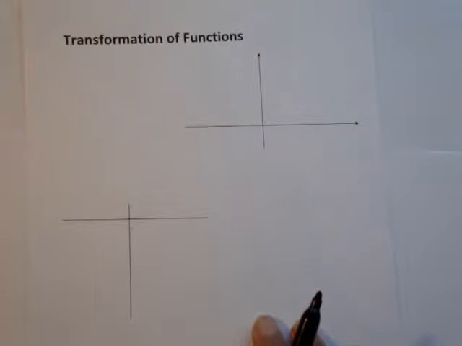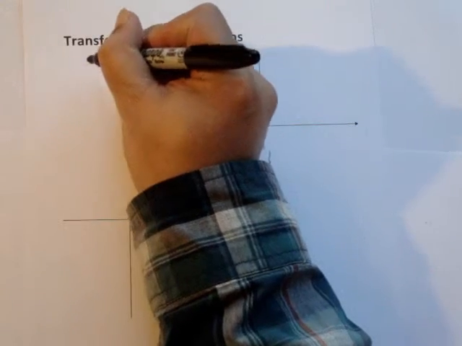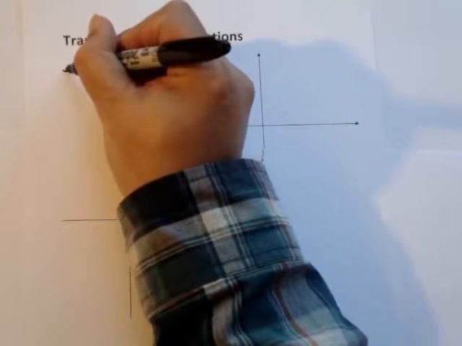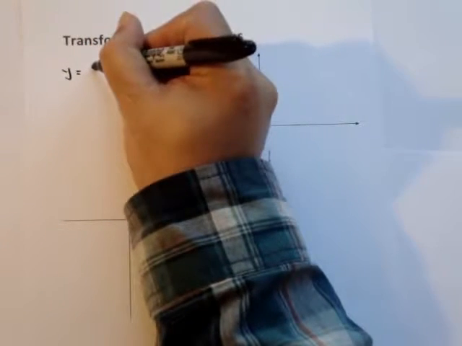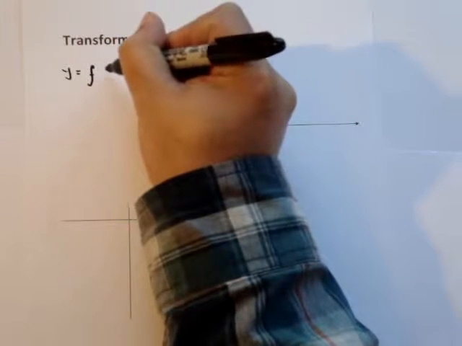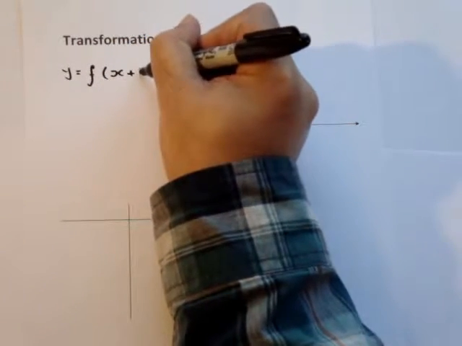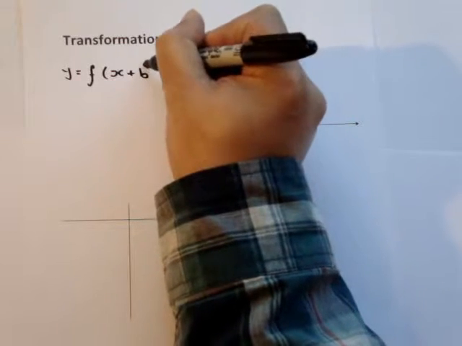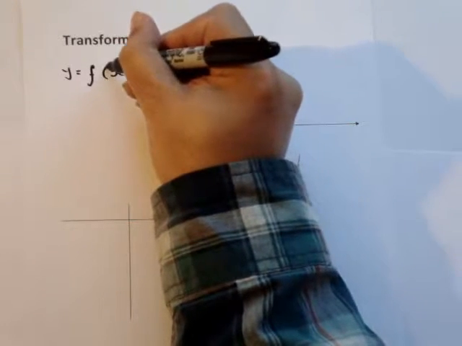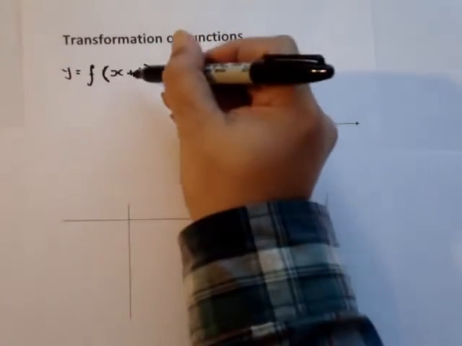These next two transformations confuse a lot of students, so let's go over this. If we have the transformation y equals the function f of x plus b, and this is within the brackets, so it's affecting our x.